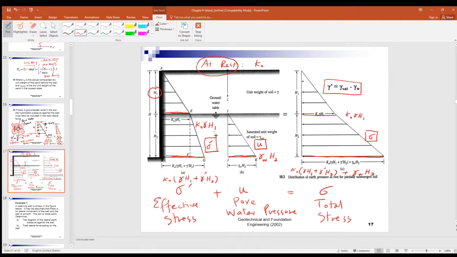Now here, that's H1. So what is the stress here at point E? Very easy, right? That's the gamma, the unit weight of soil is gamma. So gamma times H1, right? So you got K naught gamma H1.